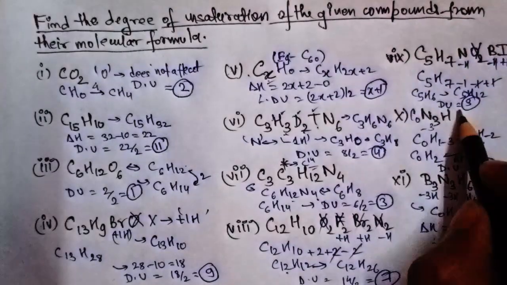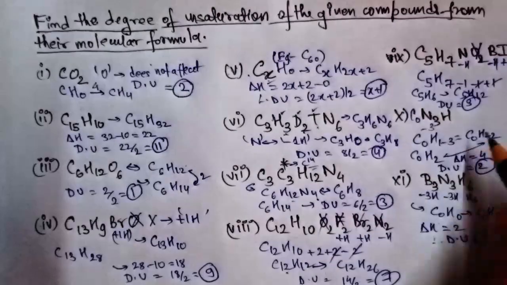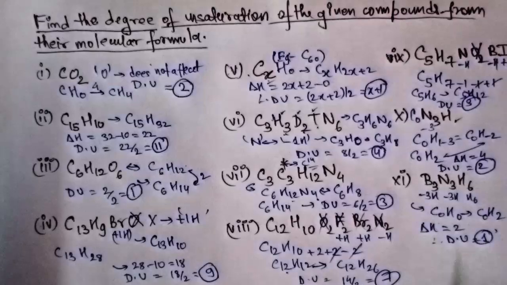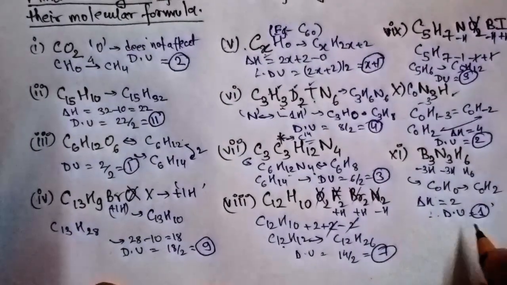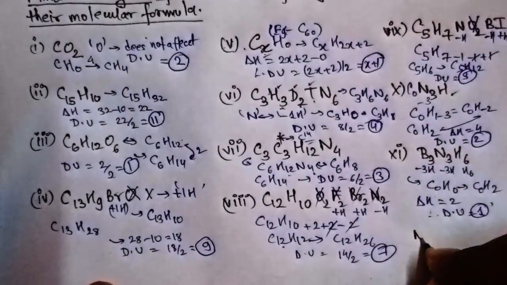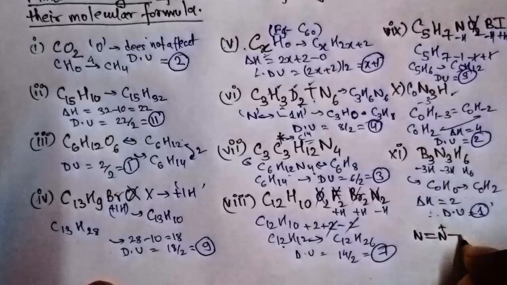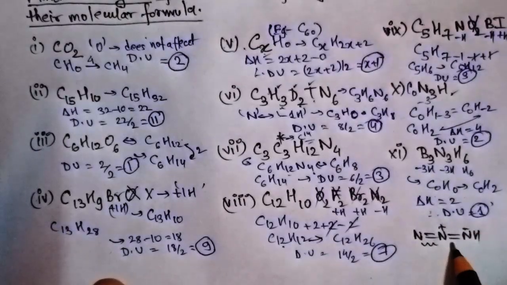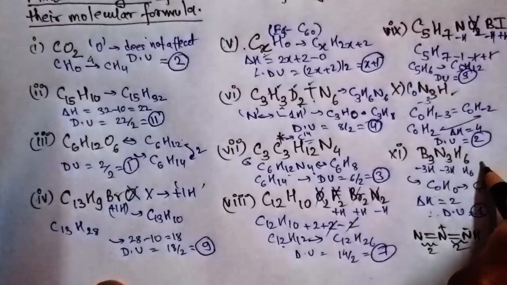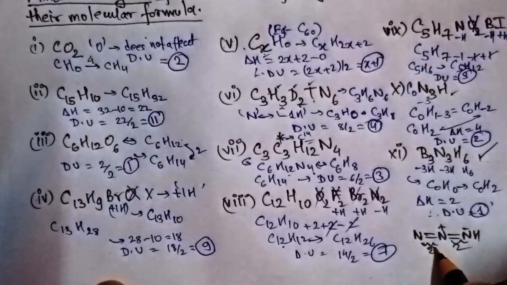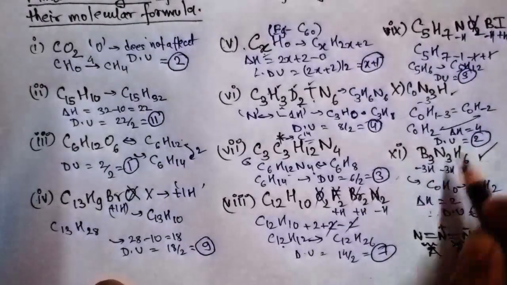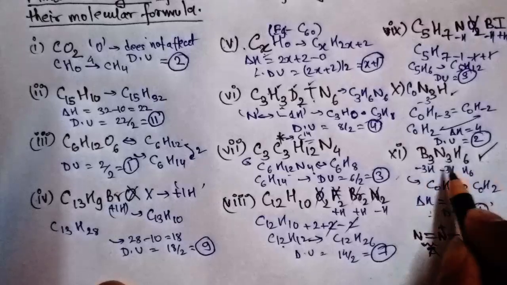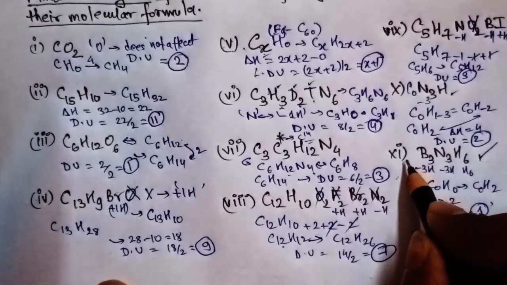The last two results seem a bit absurd, but can be verified by the structural properties. N3H is hydrazoic acid and its structure can be verified as follows. We can clearly see the presence of 2 pi bonds which verify the degree of unsaturation to be 2. And for the 11th case, we know that this is the case of inorganic benzene.